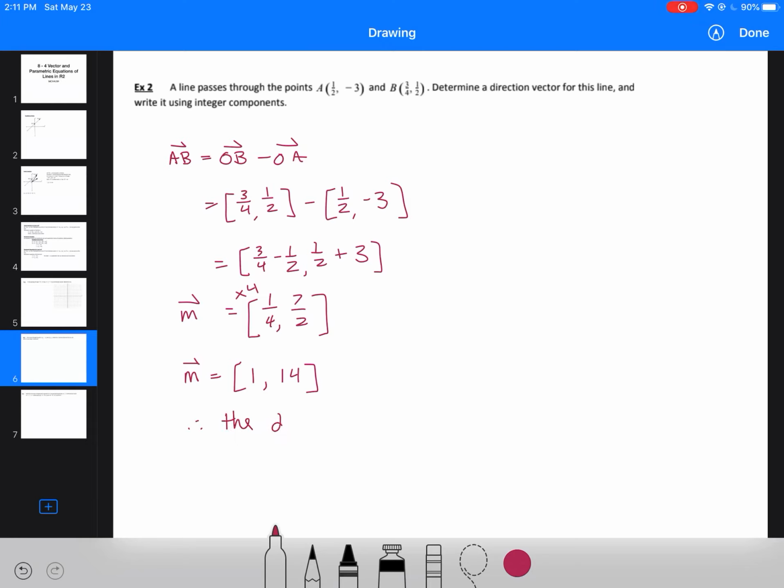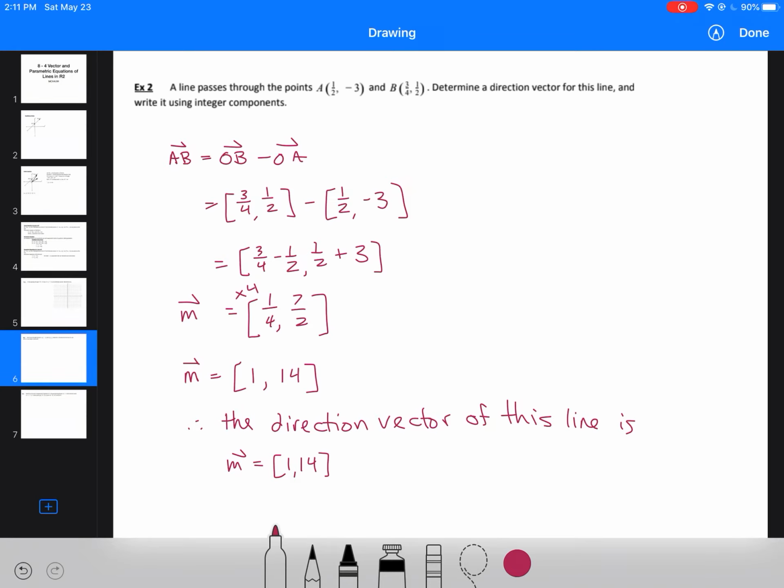So therefore, the direction vector of this line is m = (5, 14). Or really it could be any scalar multiple. You could have (10, 28), okay, or any other scalar multiple.